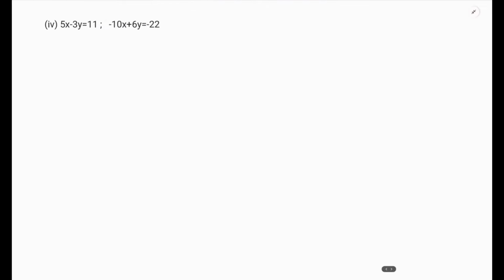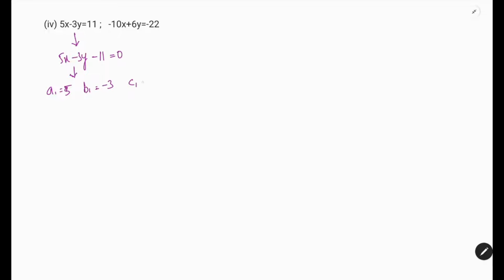Next one. See, from the first equation, 5x minus 3y, take the constant term to the left side, minus 11 equal to 0. From this equation, a1 is the coefficient of x and b1 is the coefficient of y and c1 is the constant term.